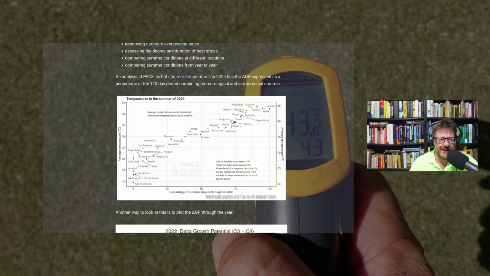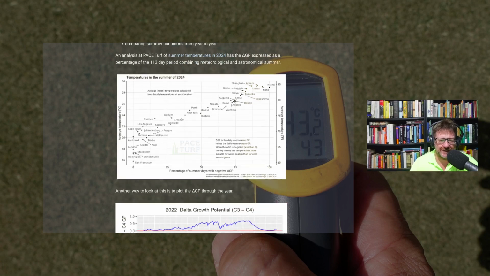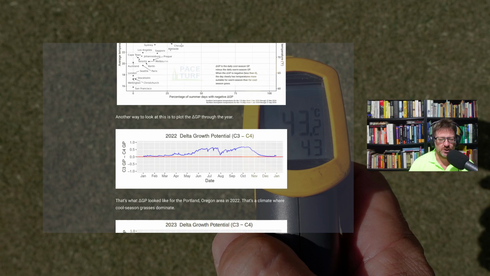And to do that, I've expressed the summer length as the duration of time from the first day in the year when the delta GP is negative to the final day in the year when the delta GP is negative. So that is not based on the calendar at all. It's just based on the weather.